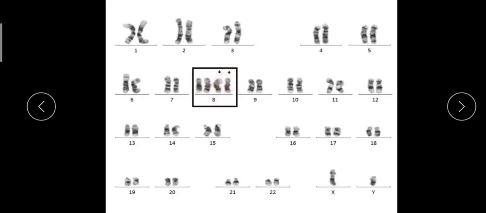So this is the condition called tetrasomy. One chromosome, instead of having 2 copies, we have 4 copies. So that is the condition called tetrasomy, and we can represent this condition as 2n plus 2. So here we will have a total chromosome number of 48. The normal condition is 46, that is 23 pairs of chromosomes, that means 46 chromosomes, but here we have 2 extra, so 46 plus 2, 48 will be the total chromosome number. So that is the condition of tetrasomy.